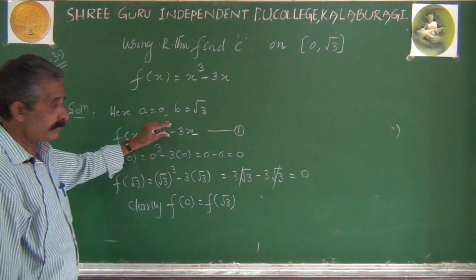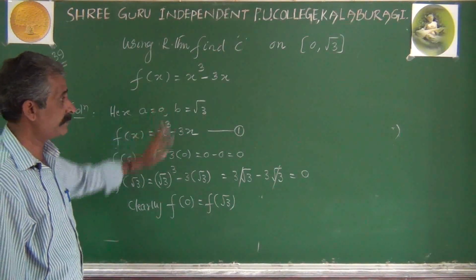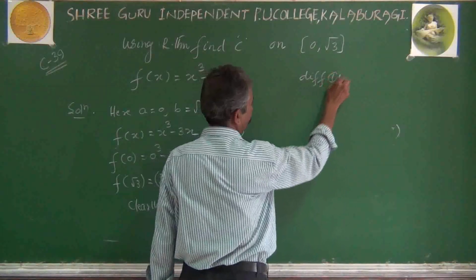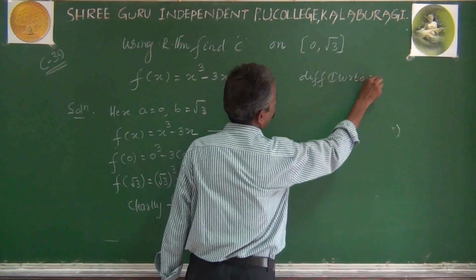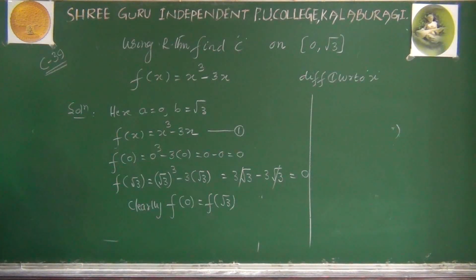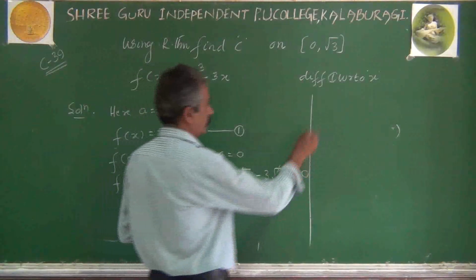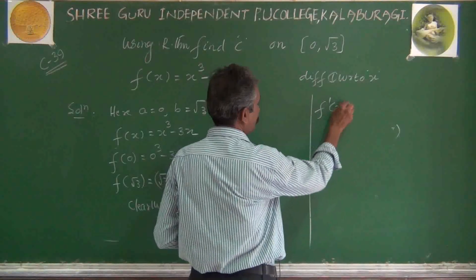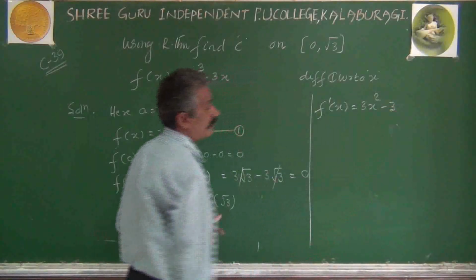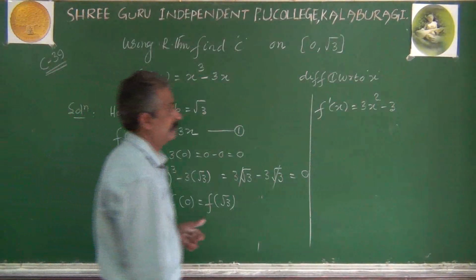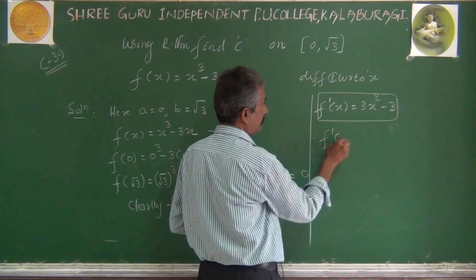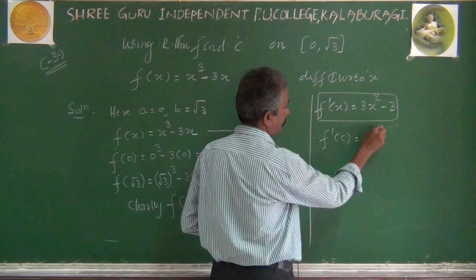Let's estimate f dash of x by differentiating with respect to x. f dash of x equals 3x square minus 3, which also implies that f dash of c equals 3c square minus 3.